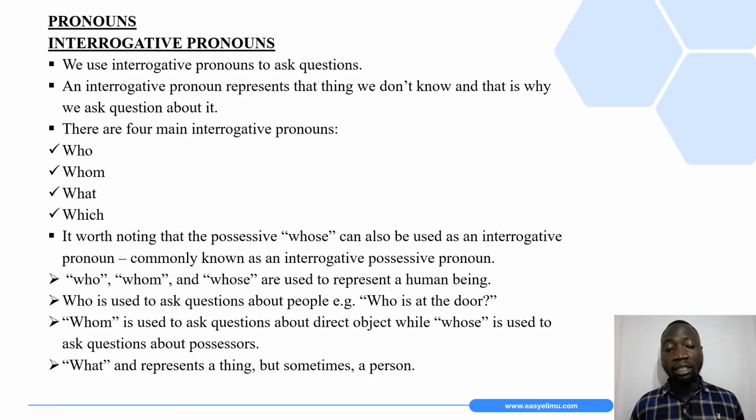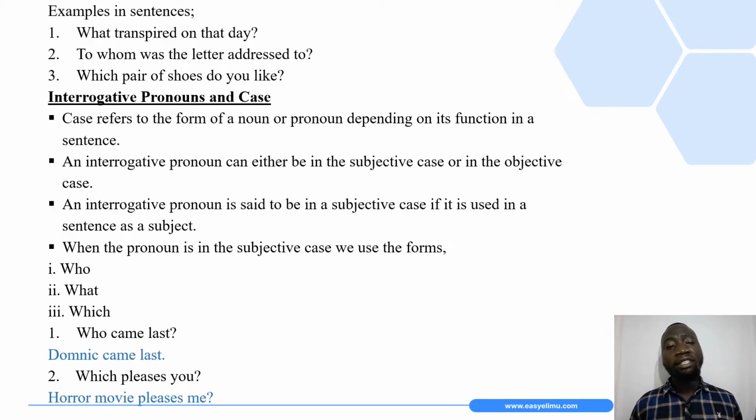What represents a thing, but sometimes it can be used to represent a person. Very rare though.